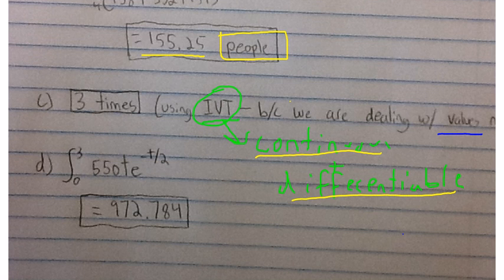So this is a good question to point out. Taking the antiderivative, we take it from 0 to 3, because they say t equals 3. Using our calculator, fnInt and all of that, we'll get 972. And since it just asks for the nearest whole number, no units. So that's pretty much it.